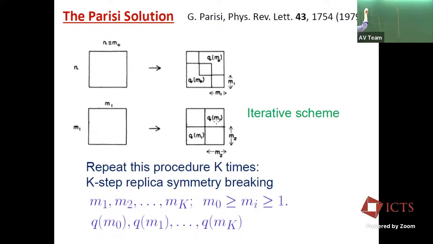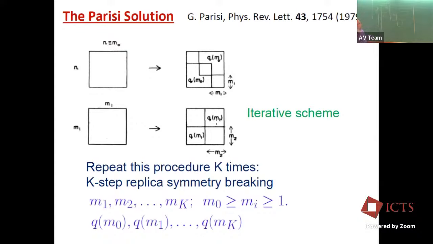But here, the off-diagonal elements will have some value, let's say Q0. And all this space will be Q1. Here also the off-diagonal elements will be Q0, and here also Q1, like that. So I have broken up my matrix into these smaller blocks, and within each block I have one value of Q, and outside the block we have a different value of Q.